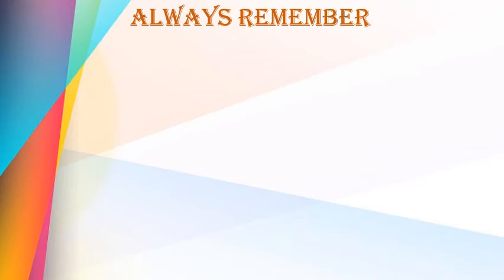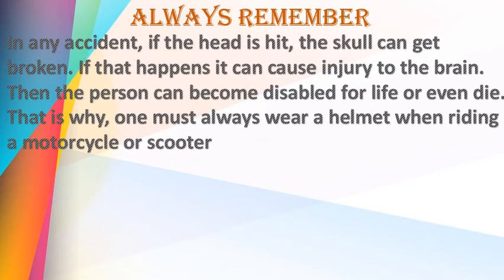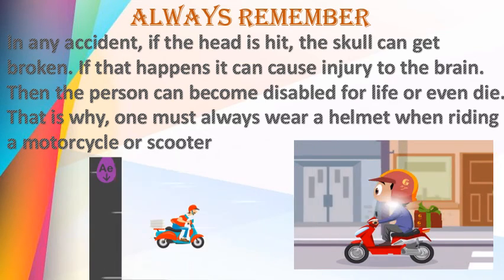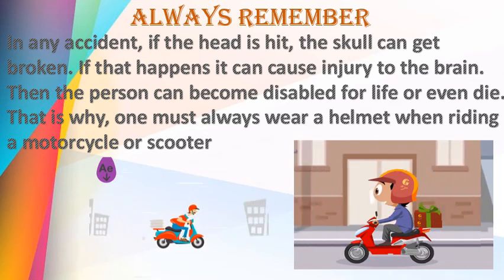Always remember, students, in any accident, if the head is hit, the skull can get broken. If that happens, it can cause injury to the brain. Then the person can become disabled for life or even die. That is why one must always wear a helmet when riding a motorcycle or scooter.